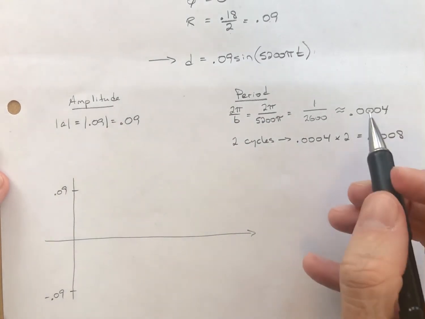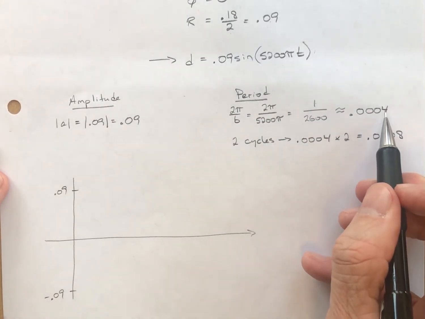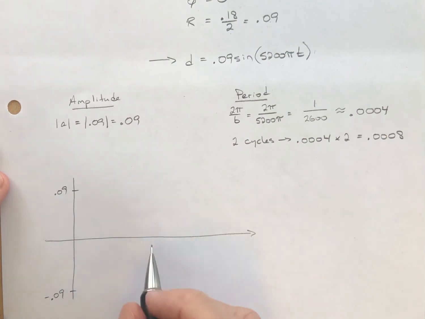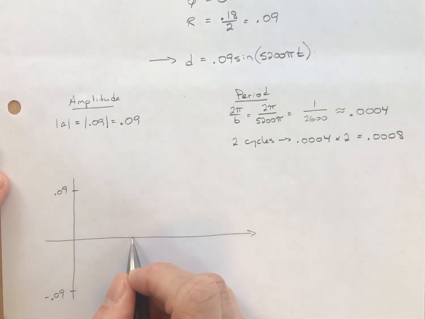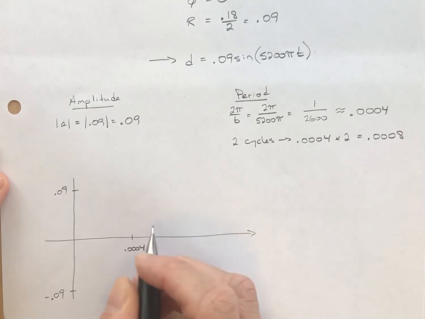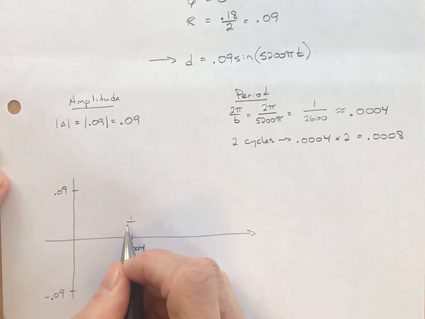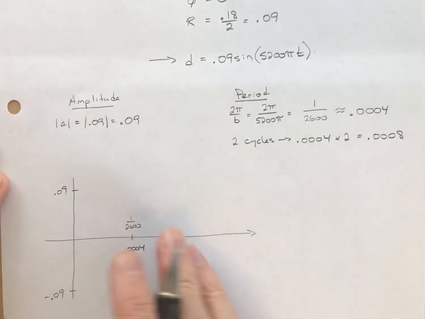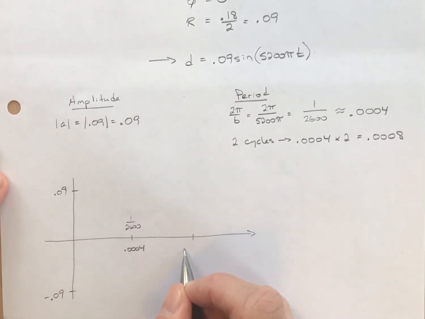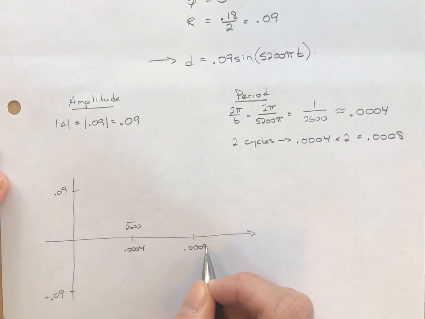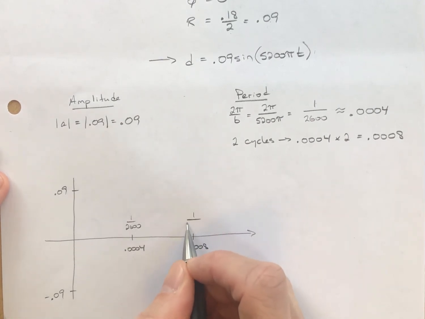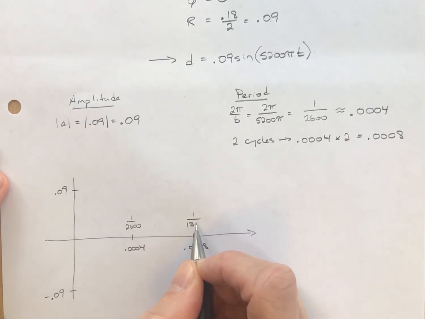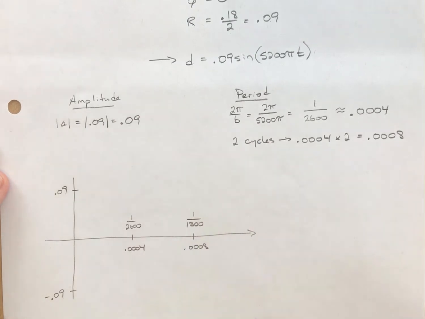And we know that the period is 4/10,000ths. Oh my goodness, well I'm obviously going to adjust my scale. I'll make this 4/10,000ths. We know that's the same as 1 over 2,600. We want 2 periods, so I'll go out the same distance, 0.0008, which is the same as 1 over 1,300.